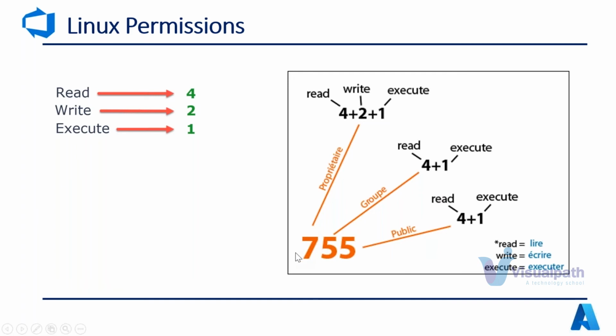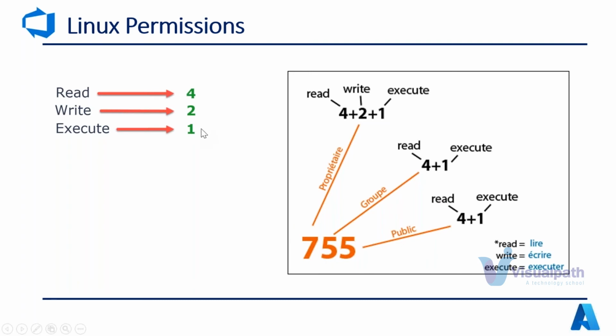Since it is 7, the only combination possible to get 7 is read, write and execute. So the owner has read, write and execute permission, and the group owner of the file has 5, and the only combination possible to get 5 is read and execute.